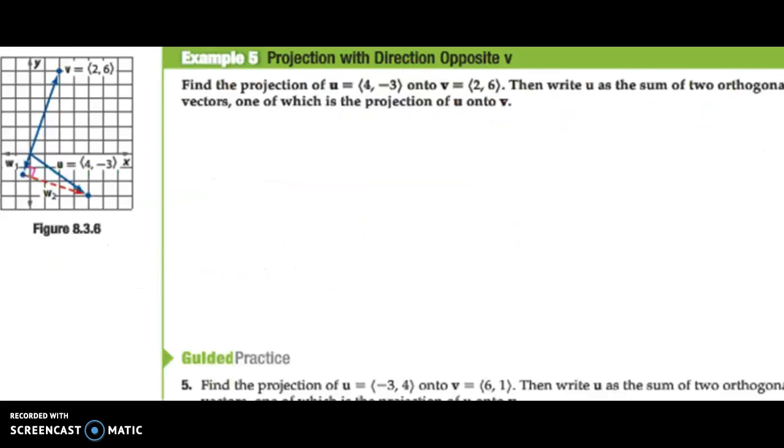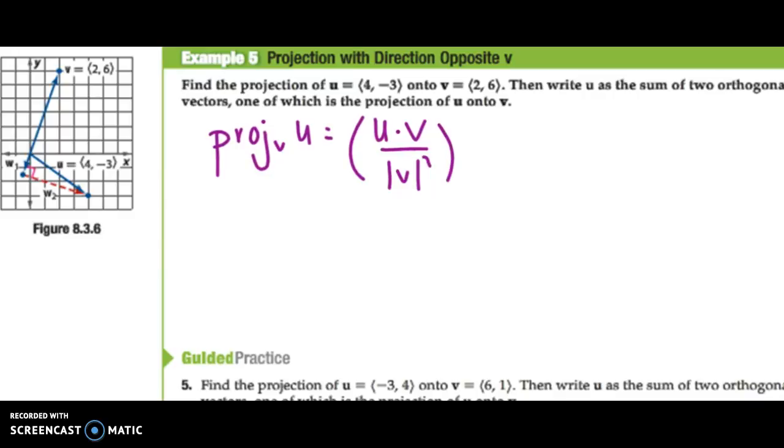So let's take another look at an example, but this time our projection vector is in the opposite direction of v. So first we need to find our projection vector, which is the dot product of u and v over the magnitude of v squared, then times my vector v.